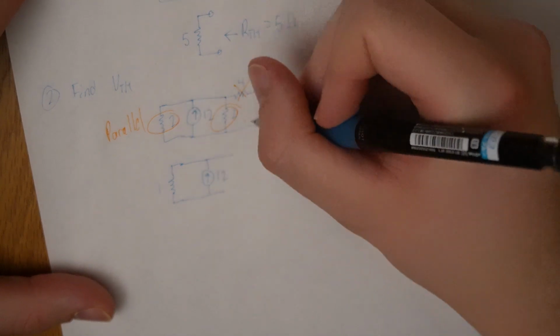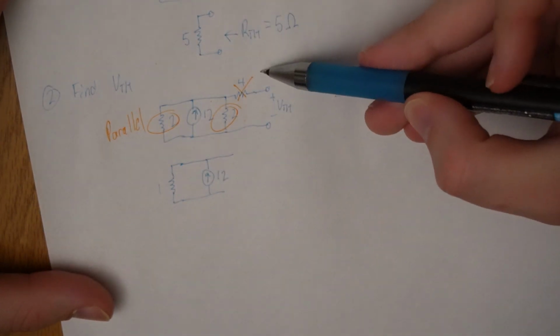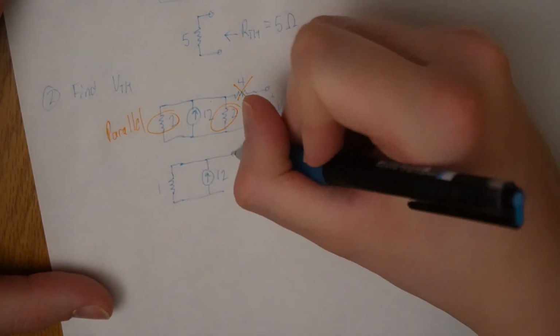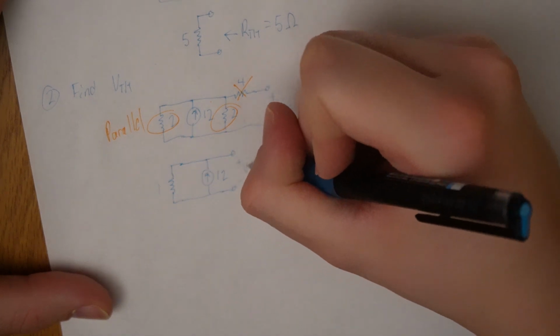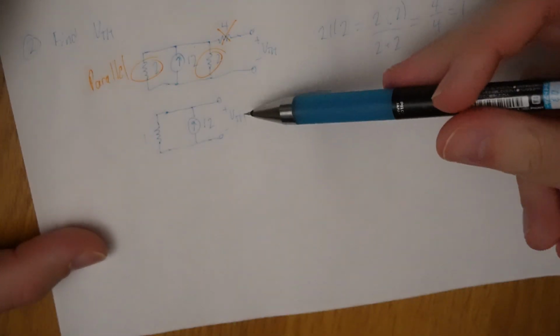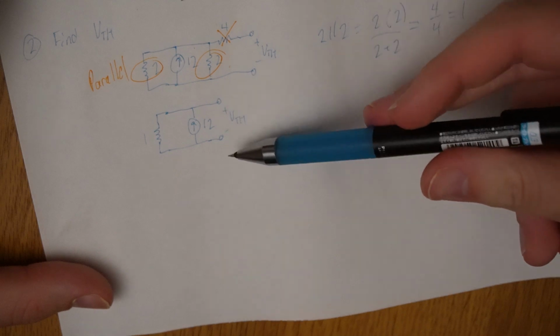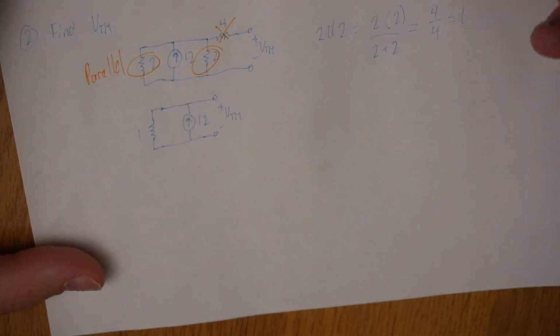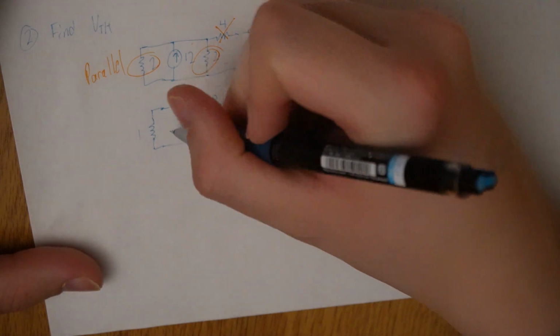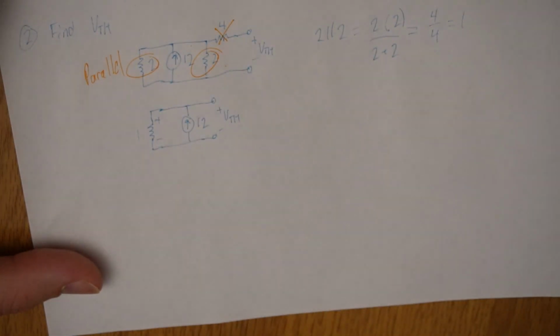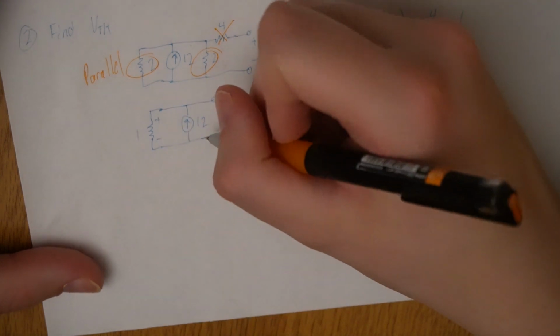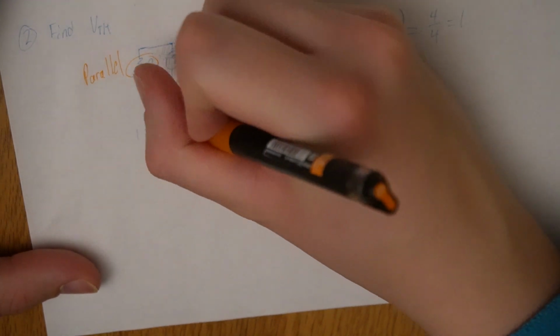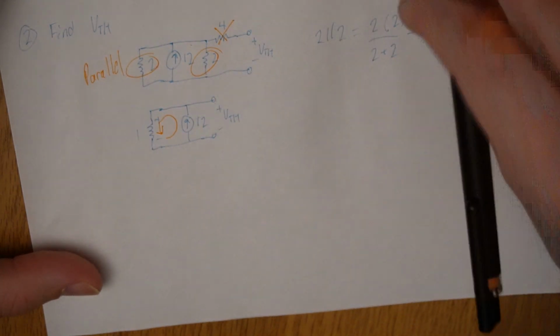Now, because I got rid of the 4 ohm resistor, since it's open circuit on one side, my terminals have moved, and VTH is now just the top of the circuit minus the bottom of the circuit. I can solve this using Ohm's law, because this is just the voltage across the resistor. In this circuit, there's a current source and then I have a loop.